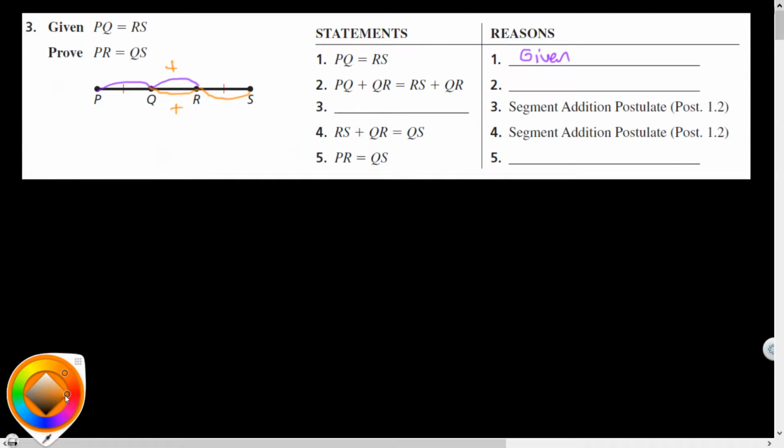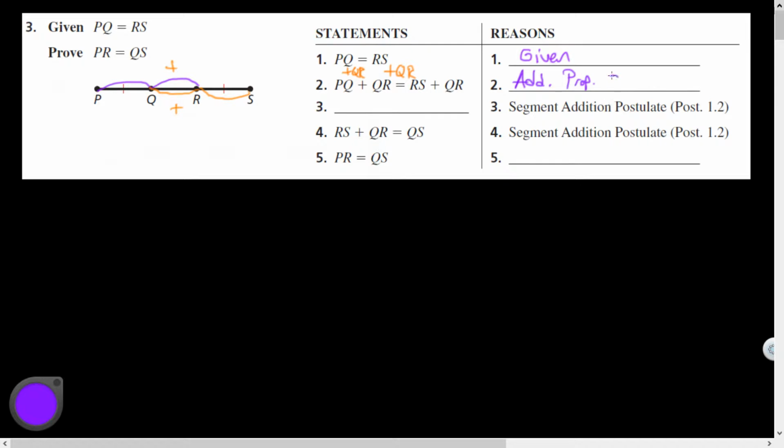Plus QR to both sides. So if I add QR to both sides, which property do you think that is? Probably the addition property of equality.